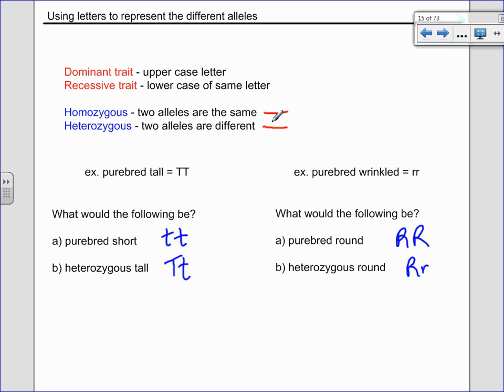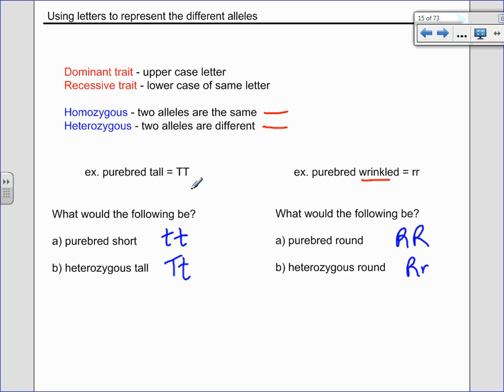Heterozygous is when you have one of each allele, they're different. So purebred tall would be big T, big T. Purebred wrinkled would be little r, little r, because wrinkled is a recessive trait. So these are just to get you used to doing the letters.